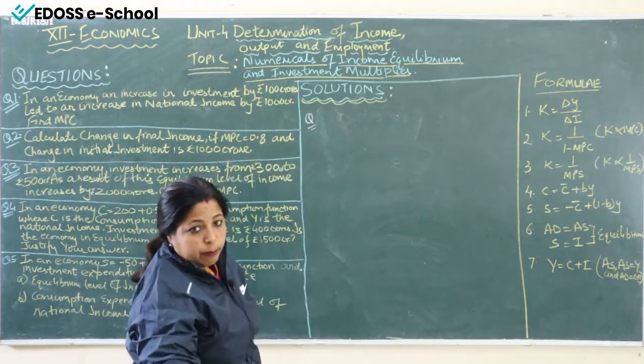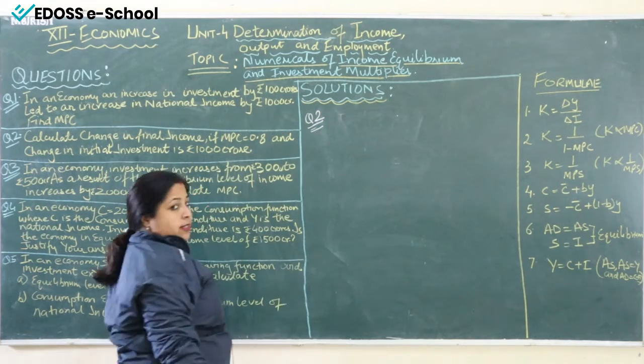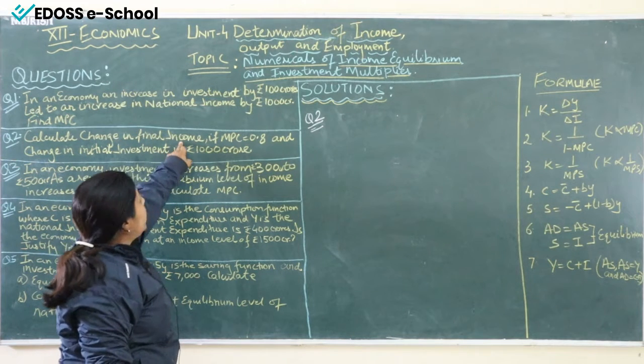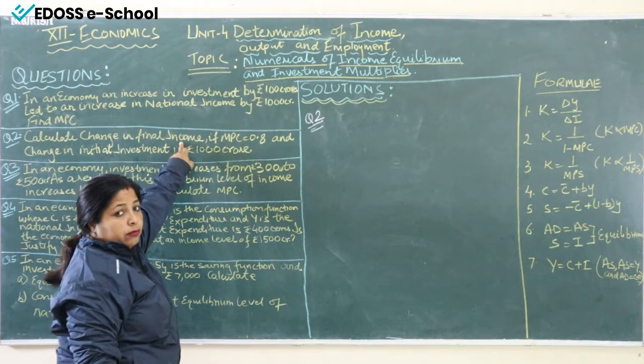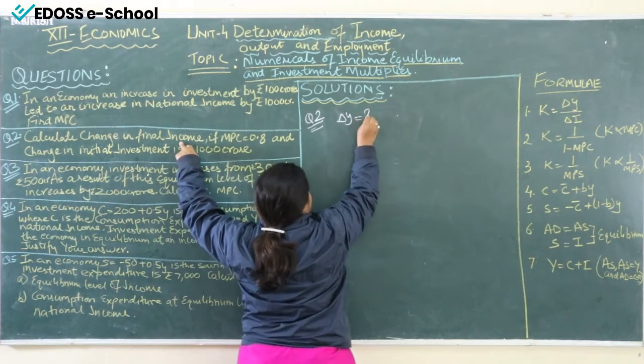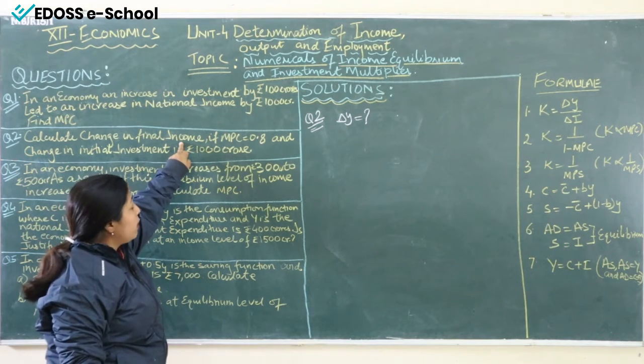Let us take question number 2 now. Question number 2 says, calculate change in final income. That is, you have to calculate delta y. Final income is national income.